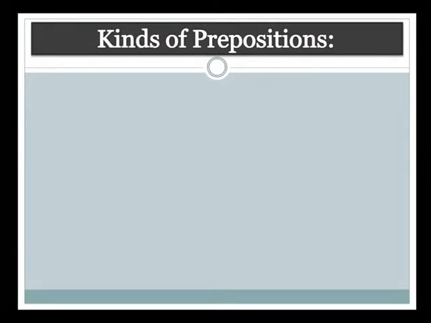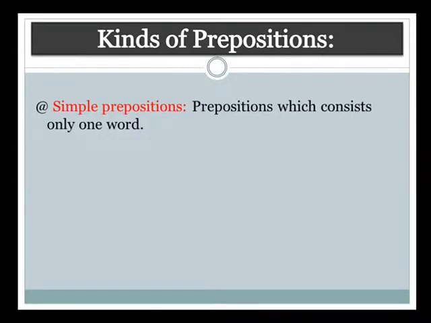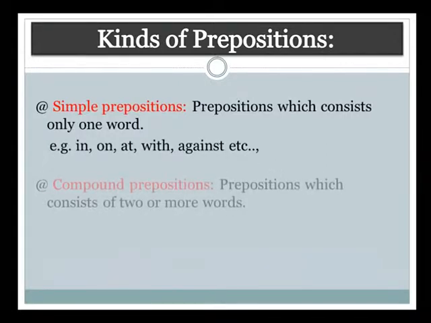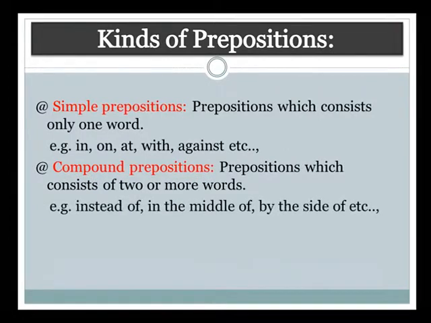We'll be learning about different kinds of prepositions now. So the broad categories are simple prepositions, then compound prepositions. So let us learn what simple prepositions are and what the difference is between the two types of prepositions here. Simple prepositions are those prepositions which consist of only one word. So all the examples that we took so far, on, upon, below, beneath, above, etc., are all simple prepositions because they consist of only one word.